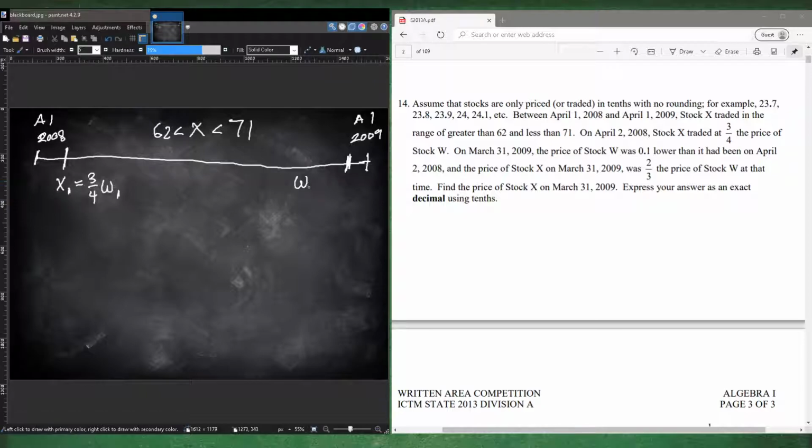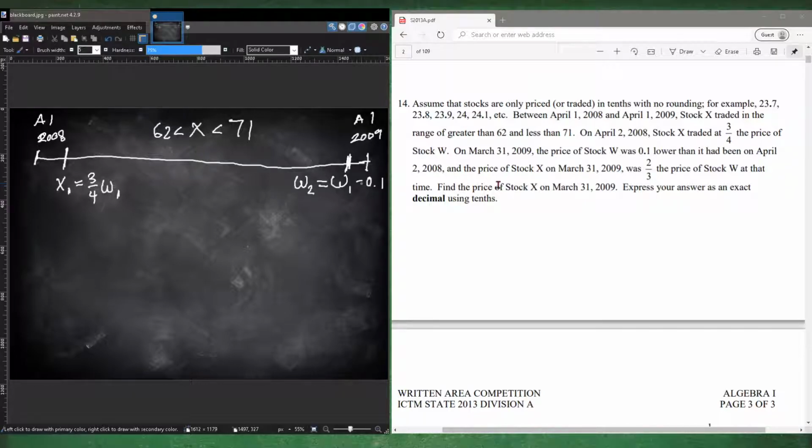So there are two W's: the current value at March 31st, and the W value at April 2nd. This is W2 and that one's W1, so don't confuse them. W2 is 0.1 lower than this value, so it's W1 minus 0.1.